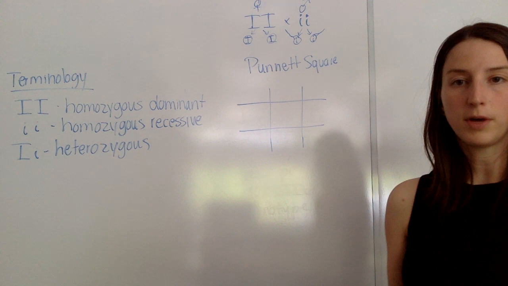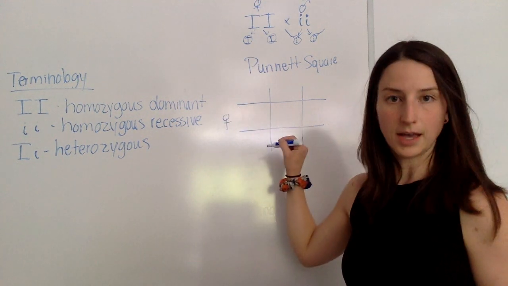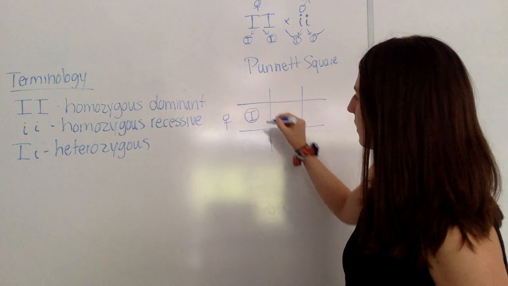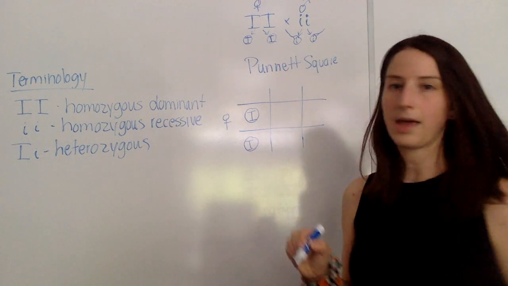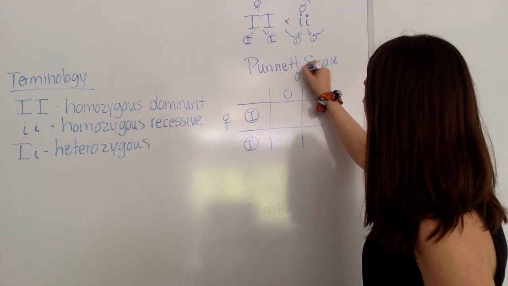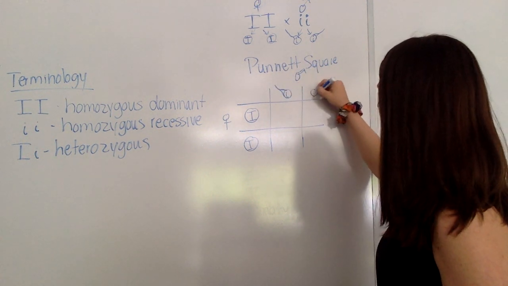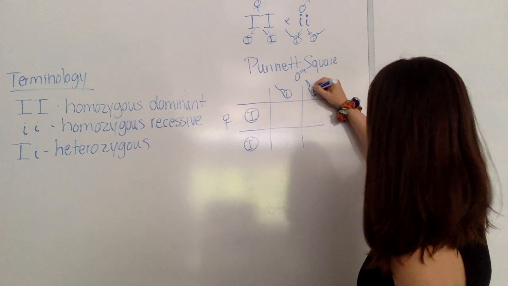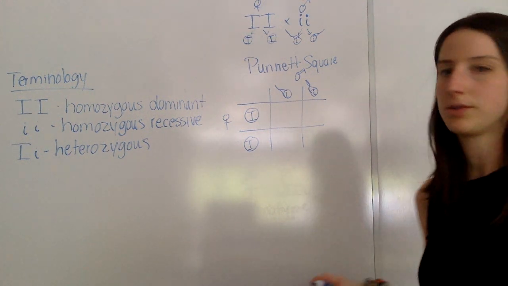And then we're going to put the possible eggs on this side: capital I egg, another capital I egg, and then we're going to put the sperm on this side, lowercase i. Not the best drawing. Okay, and we're going to see what happens when we combine those.